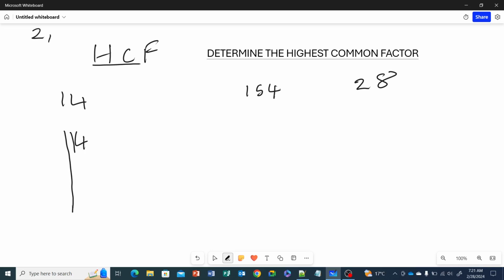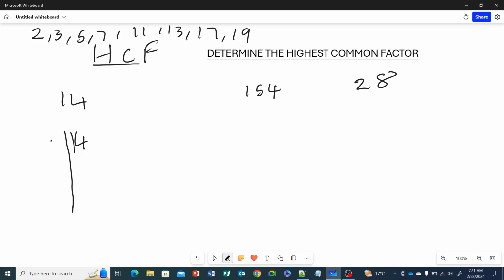Prime numbers, we have 2, we have 3, we have 5, we have 7, we have 11, we have 13. 14 is not because it's divisible by 7. 15 is not, we have 5, we have 17 and 19. So they continue, guys. These are just examples, okay? Now, these are examples of prime numbers. Numbers that are only divisible by 1 and itself.